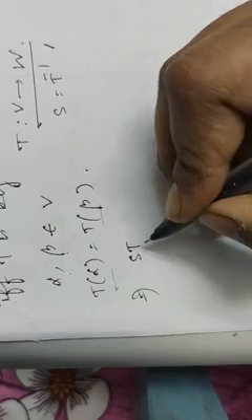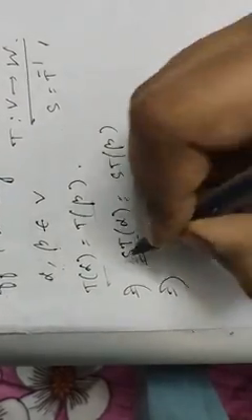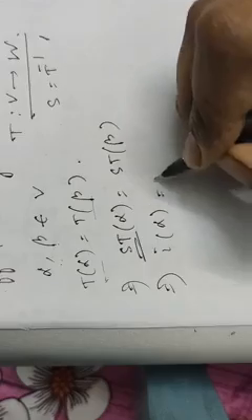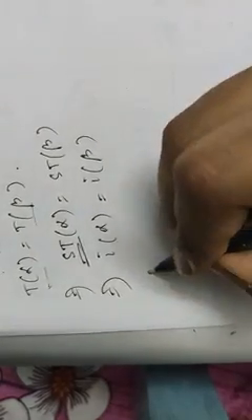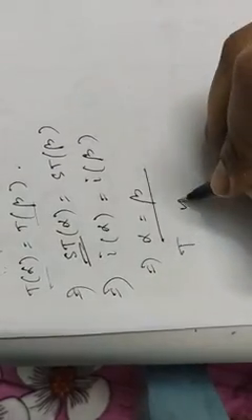S is T inverse because we have taken T to be an invertible mapping. So applying S, ST alpha equals ST beta. Now ST means I, so I alpha equals I beta, that is, alpha equals beta. That means T is injective.